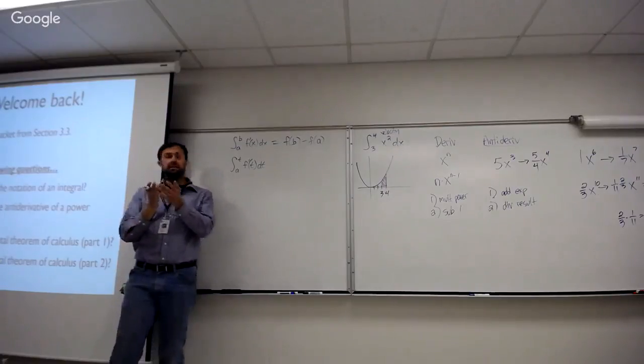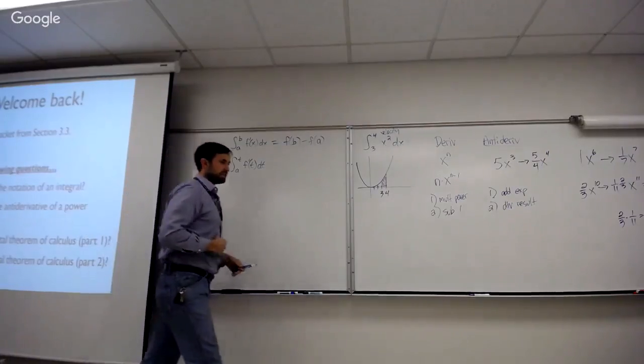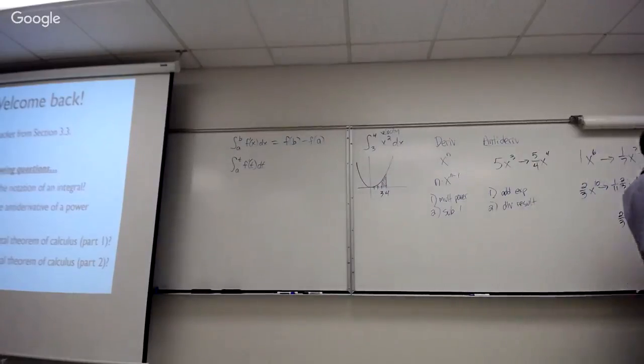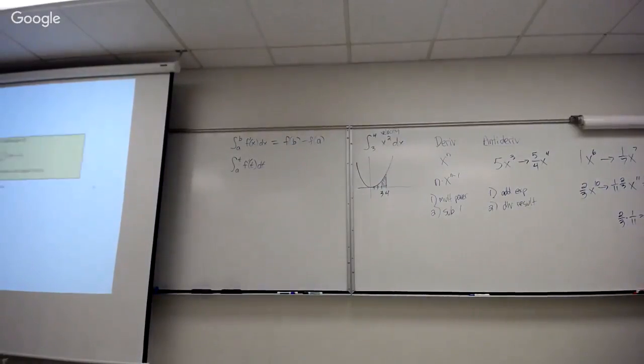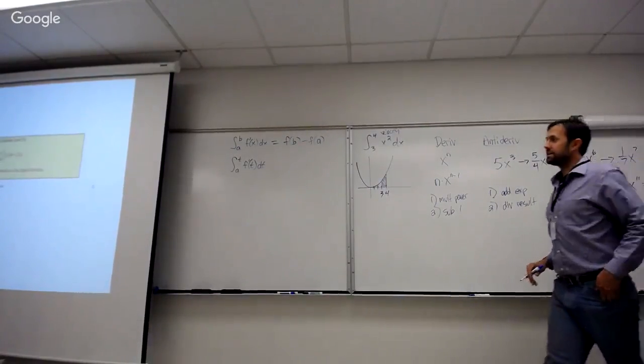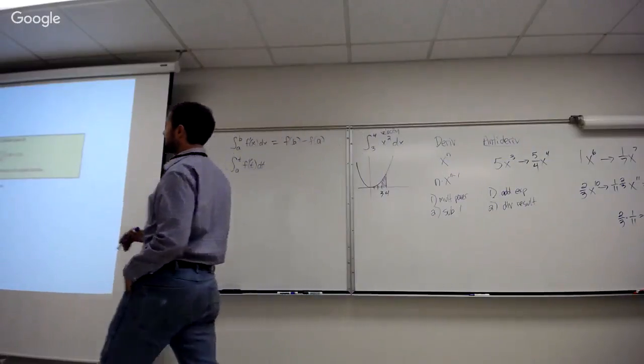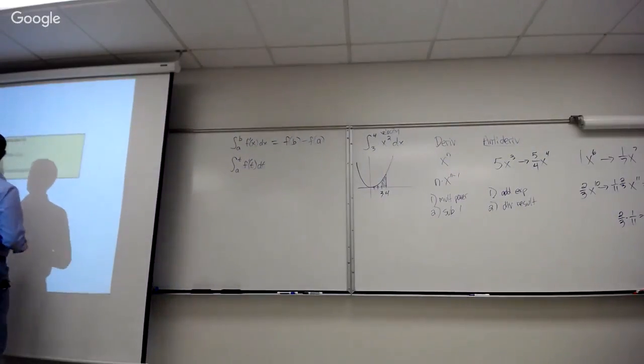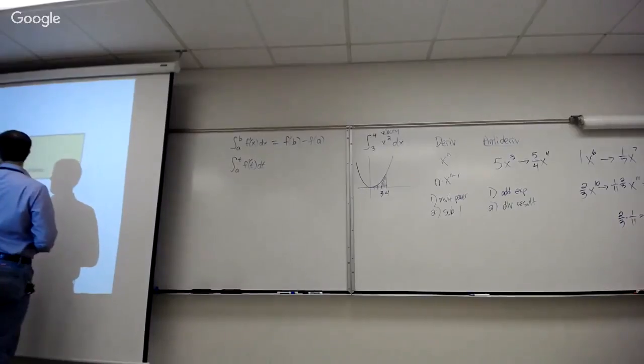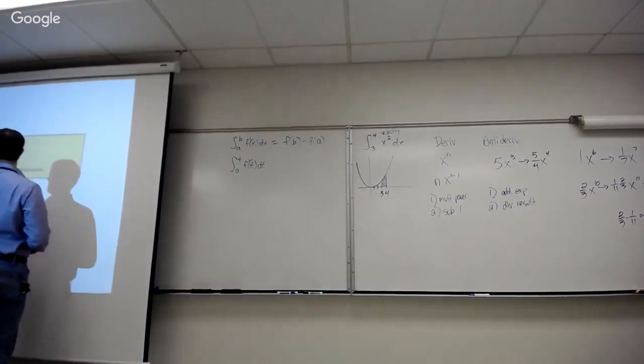Yeah, they cancel out. So the second fundamental theorem, or part 2, I should say. Let's go back and actually look at it. So I'm writing it down right, but there we go. Part 2 of the fundamental theorem of calculus states that if you're doing an integral, but then you take the derivative, then those two symbols cancel out.